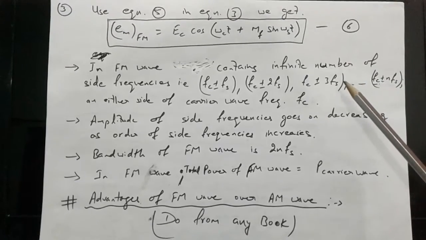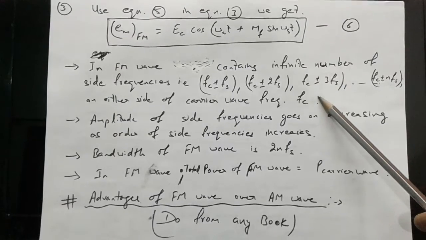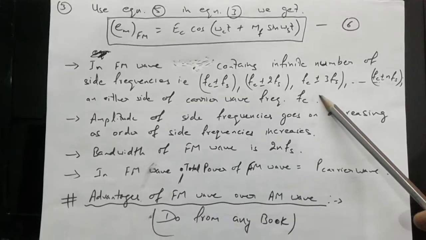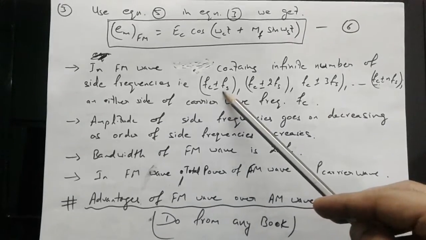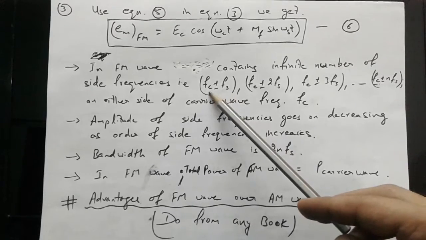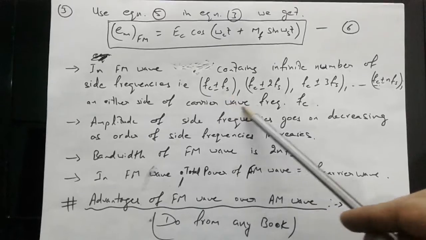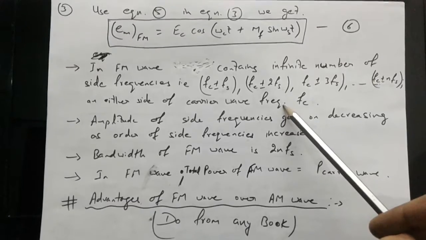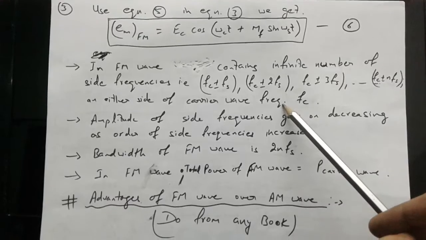If you compare it with amplitude modulation, you would remember that in amplitude modulation there were only two side frequencies. One was Fc plus Fs on the right side and another was Fc minus Fs on the left side of the central carrier wave frequency Fc. So this is a major difference between the FM wave and the amplitude modulated wave, that is the AM wave.